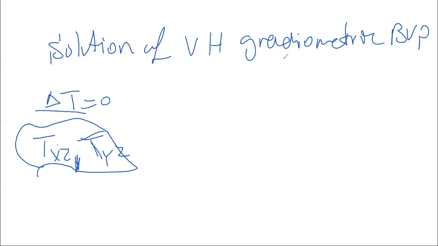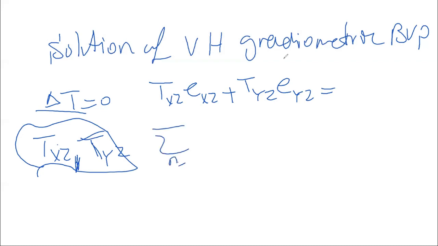And then we have to use a vector spherical harmonic. So if you remember, T_xz e_x plus T_yz e_y equals to, I will write this equation like that. Summation n from 0 to infinity, and I have a formula for T_xz and T_yz.